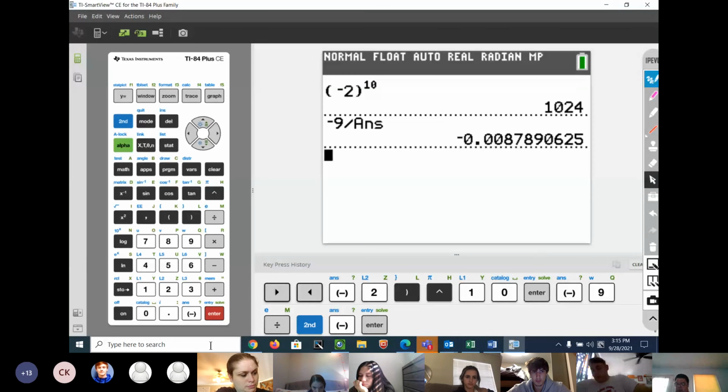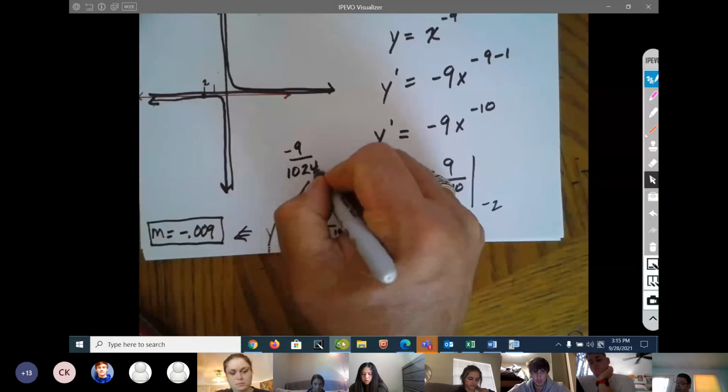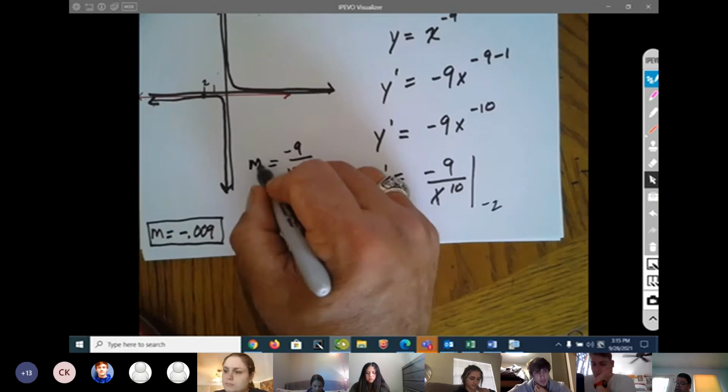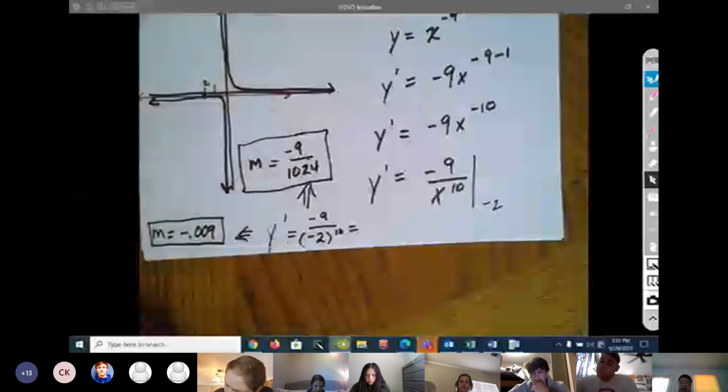Now, I don't know if they want the equation or the slope, and that would be negative 9 over 1,024. Negative 9 over 1,024 is equal to m. They probably want the fraction.